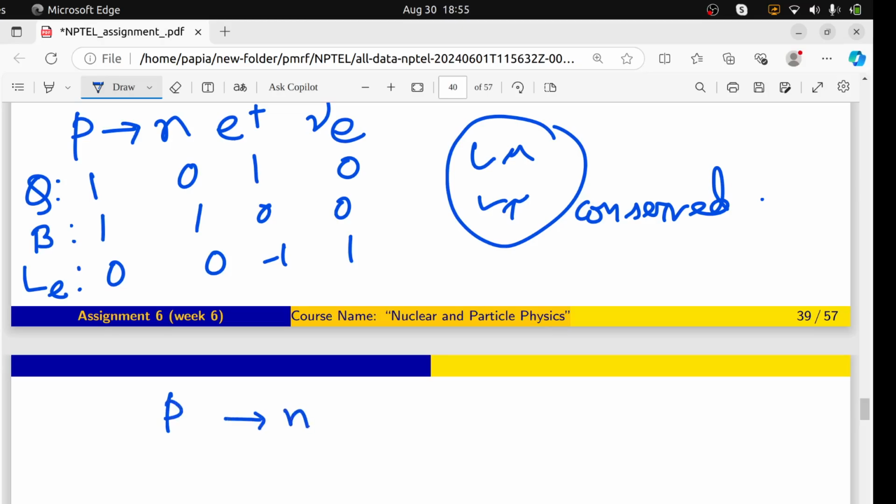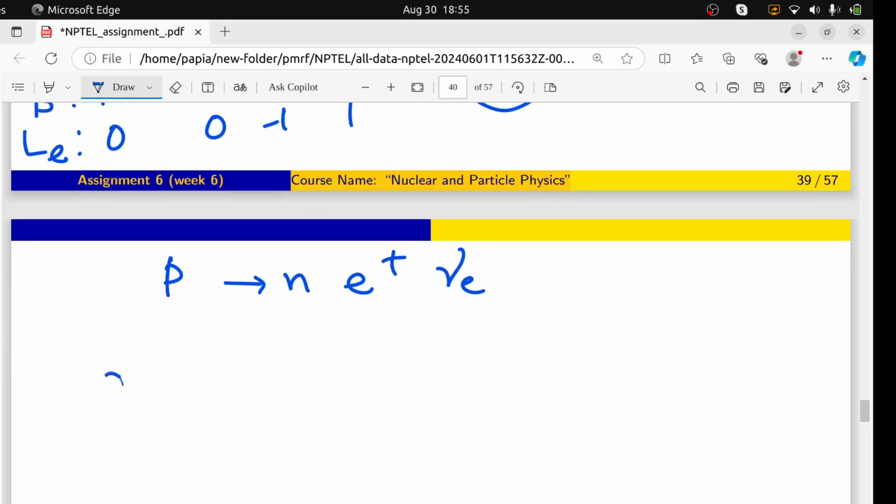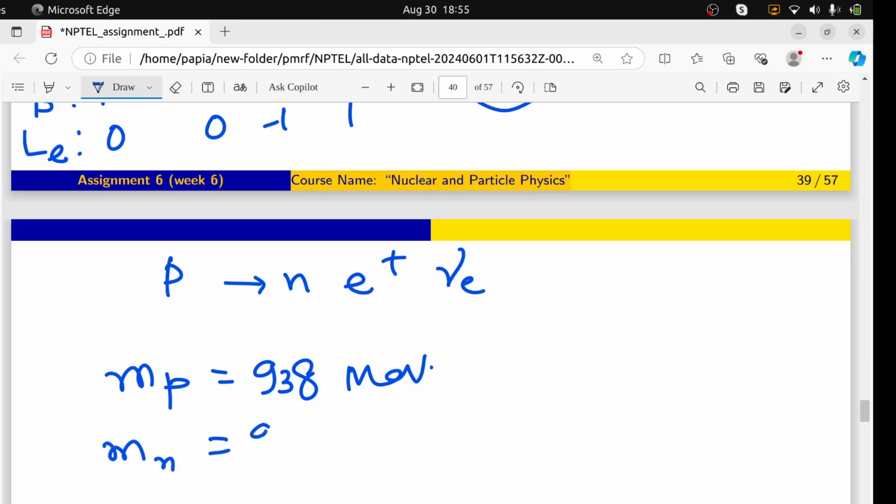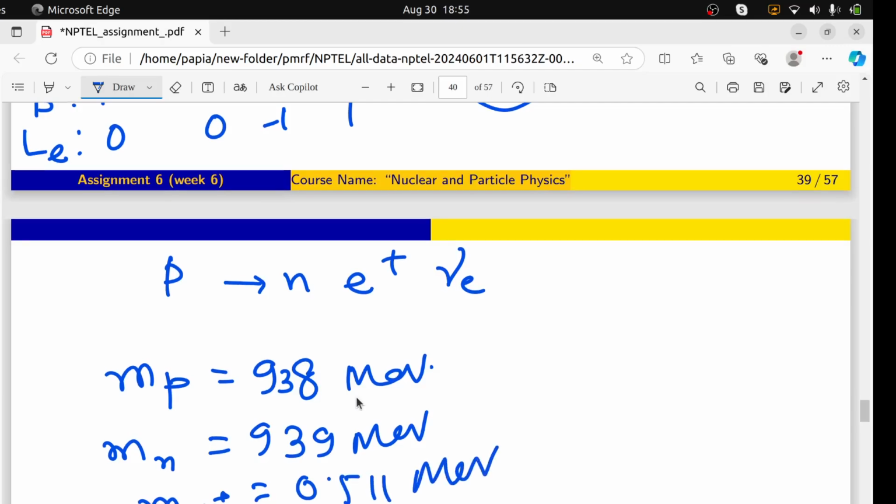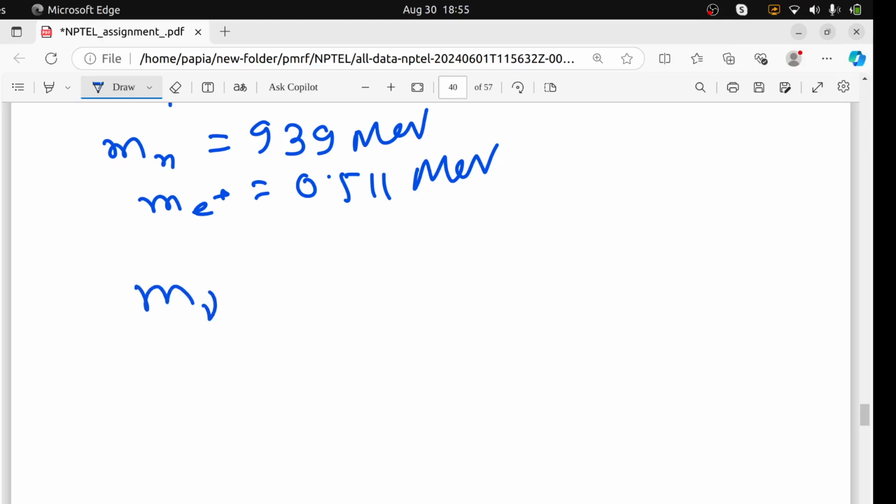p going to n, e plus, nu e. So the mass of the proton is 938 MeV. Mass of the neutron 939 MeV. Mass of e plus 0.511 MeV. Mass of nu e of the order of 0 MeV. So now you can see 938 is on the left hand side.